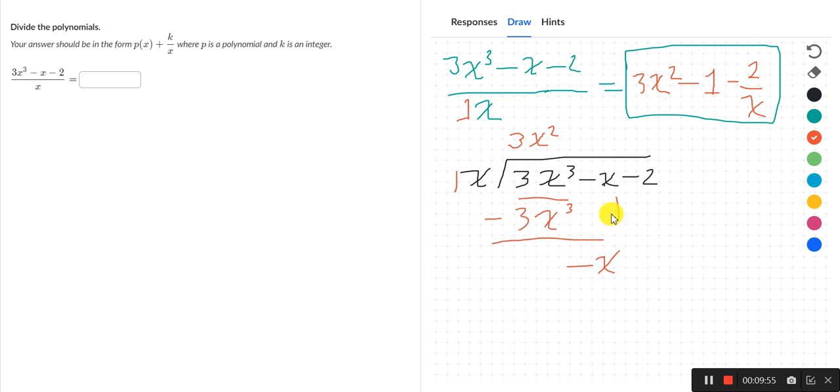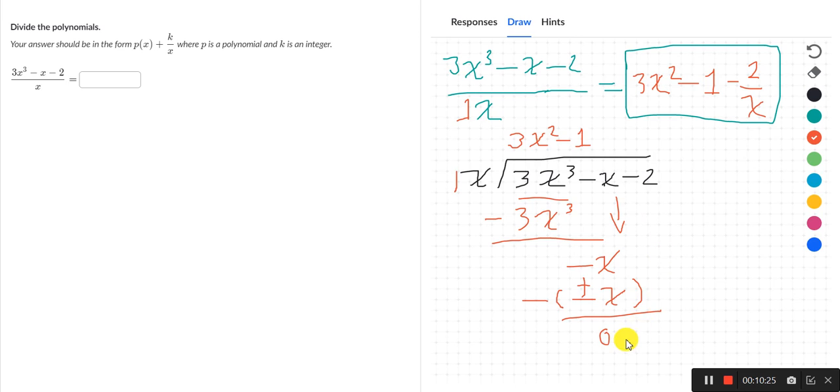So then you get the second term down, x. And x divided by x is 1. So in order to get this term, sorry, I always say number when I have to say term or variable. Negative 1 times x is negative x. And I need to have the same sign here because you always flip the sign, so this should be positive now.